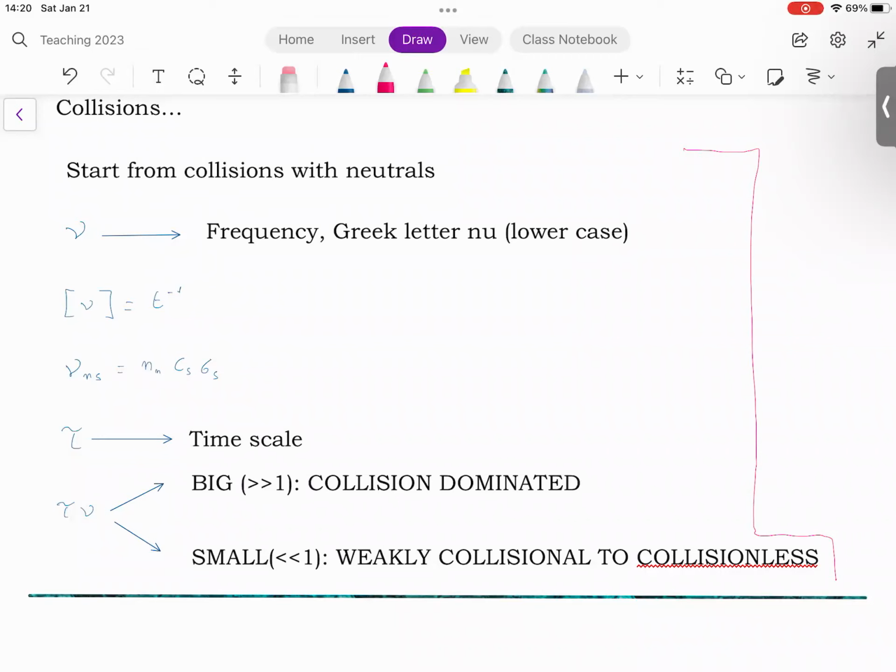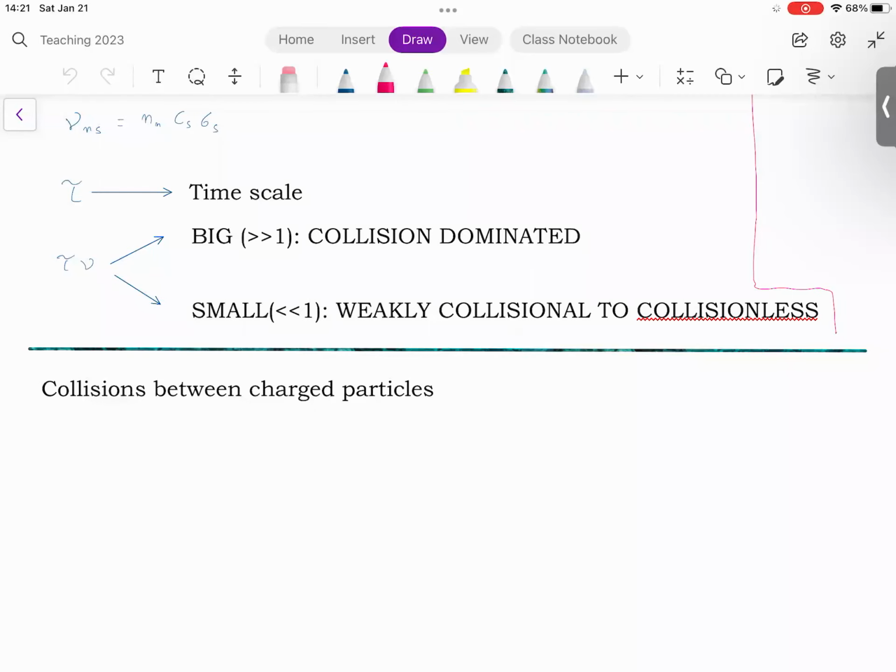And of course, neutrals are not the only particles in my system. I'm going to have more charged particles, hopefully, than neutrals. And I will want to know what happens with those. So my next question is, how do collisions between charged particles behave? What can I say about those?